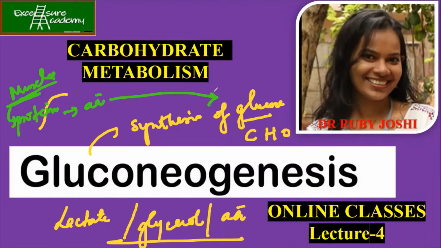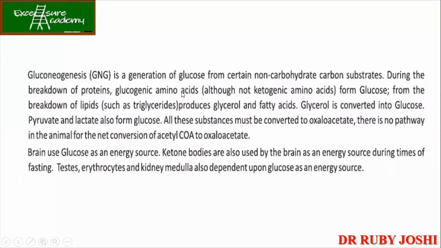Okay. So let's talk about gluconeogenesis in detail. Gluconeogenesis is the generation of glucose from certain non-carbohydrate carbon sources. Non-carbohydrate, for example, amino acids. During the breakdown of proteins, glucogenic amino acids, although not ketogenic amino acids, form glucose.